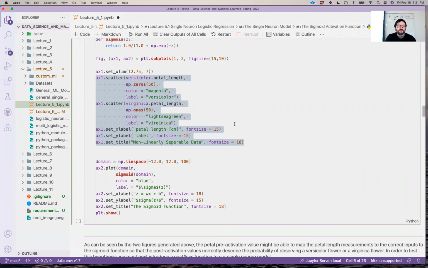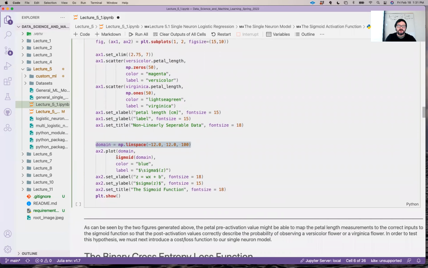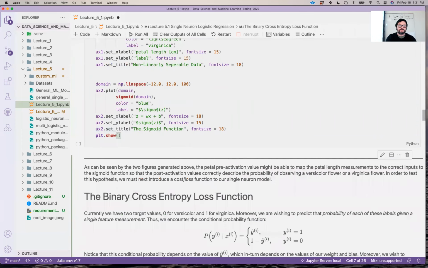And this second plot here is, well, I make a domain using NumPy's linspace method, and then I plot the sigmoid values on that domain. Okay. So let's see what this looks like.